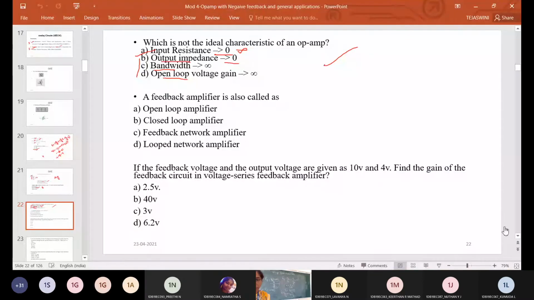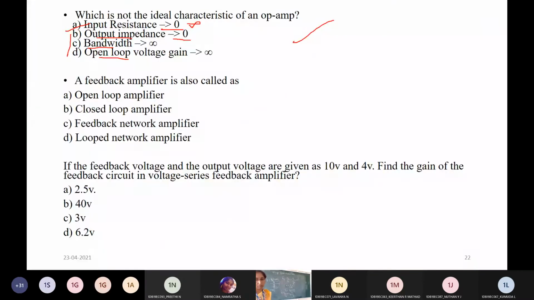Okay, now solve this problem. What is the answer for the second question?